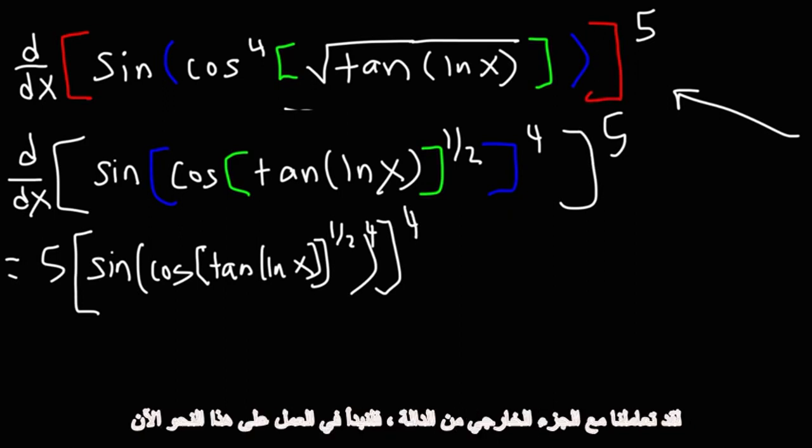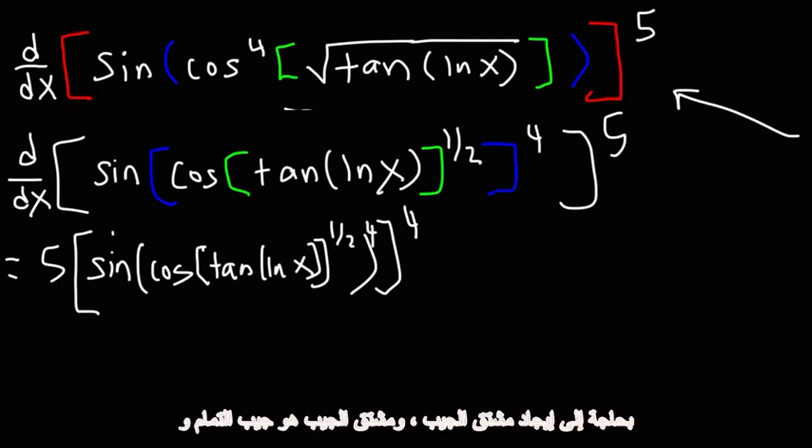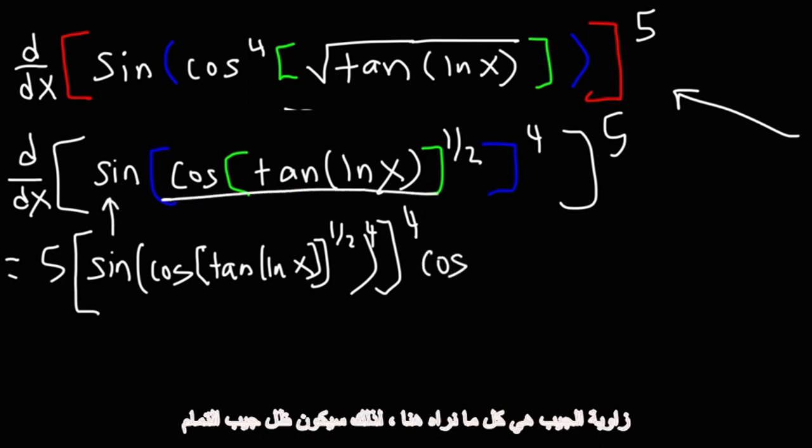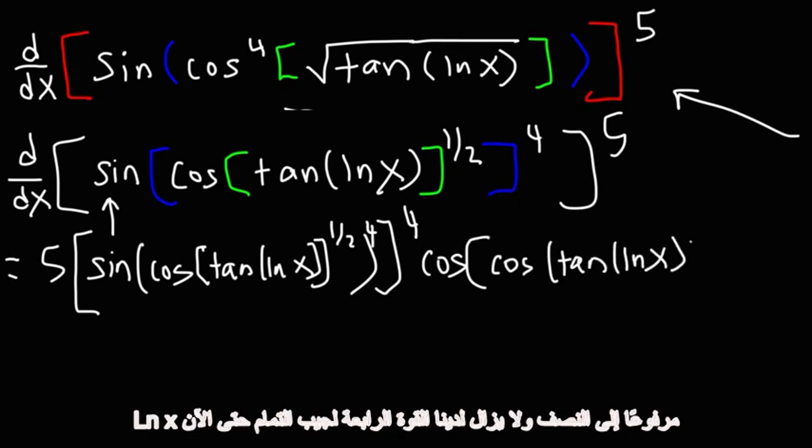So now that we've dealt with the outer part of the function, let's work our way in. So now we need to find the derivative of sine. The derivative of sine is cosine, and the angle of sine is everything that we see here. So that's going to be cosine tangent ln x raised to the 1/2.